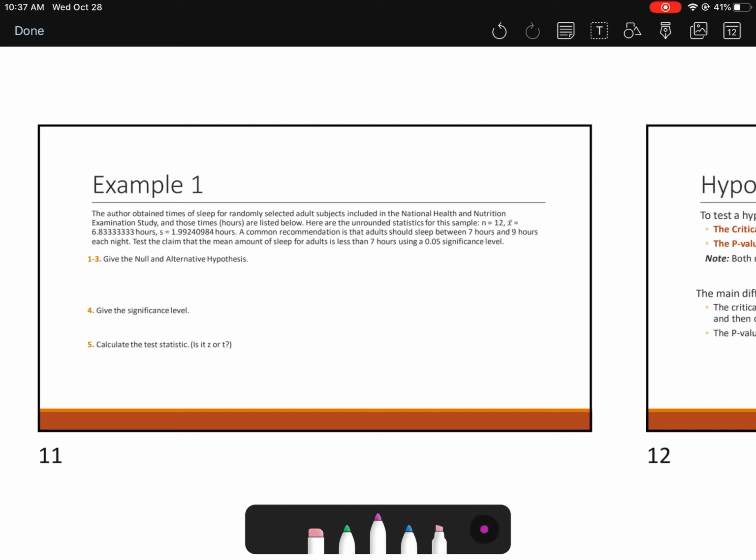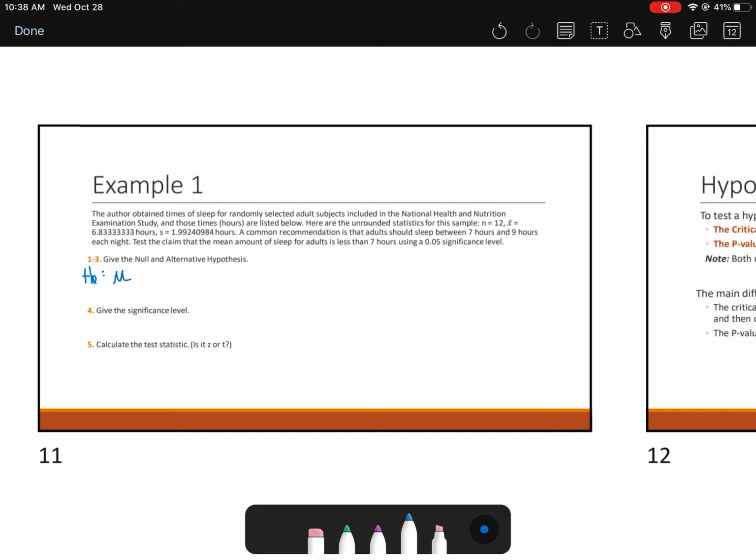Okay, so steps 1 through 3. This is give the null and alternative hypothesis. Okay, well, let's look. We want to test, so I'm the researcher. I'm testing the claim that the mean amount of sleep is less than 7. Okay, well, then what I'm going to assume then, my null is going to be, whoops, don't want to put the equal there.